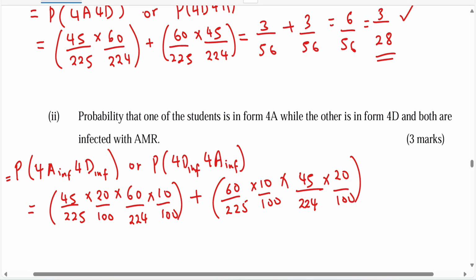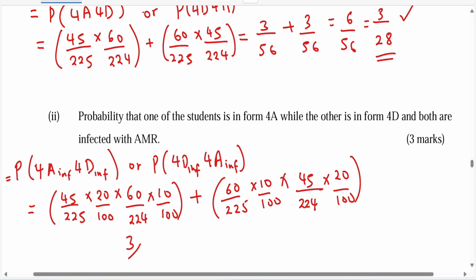So wewe chukua calculator yako, 45 divided by 225 times 20%, that's 60 divided by 224 times 10%. Okay, times 10%. 45 over 225 times 20% times 60 over 224 times 10% gives you 3 over 2,800.